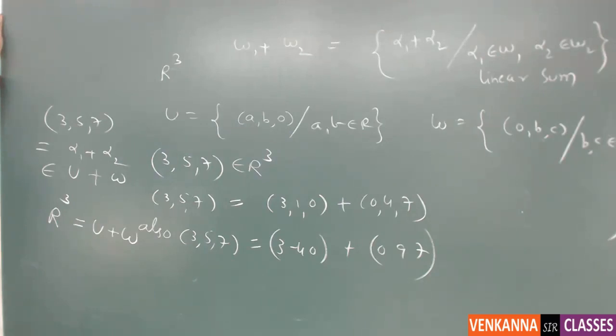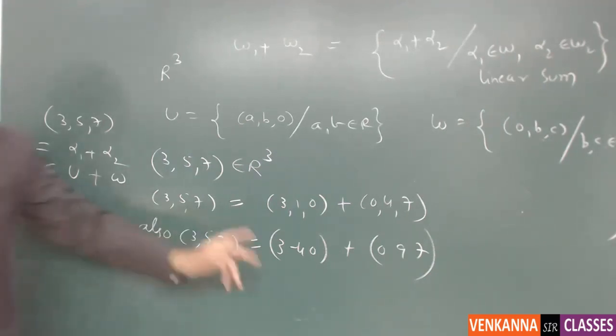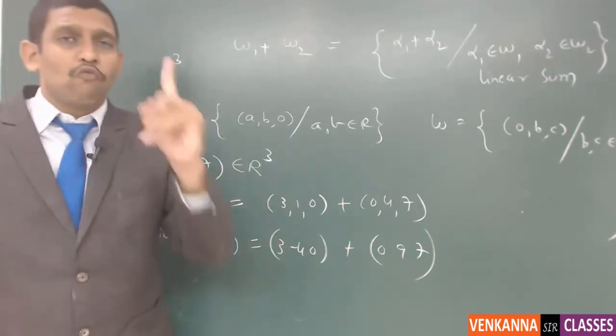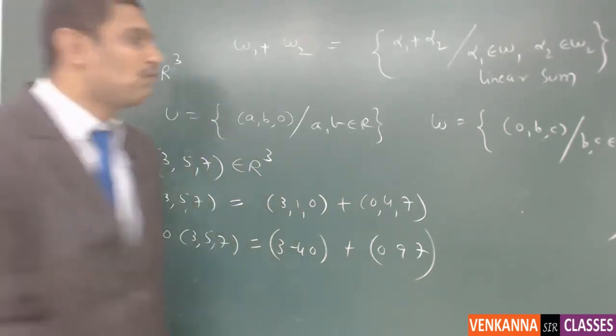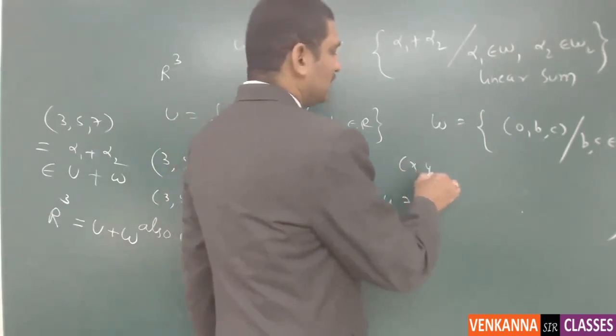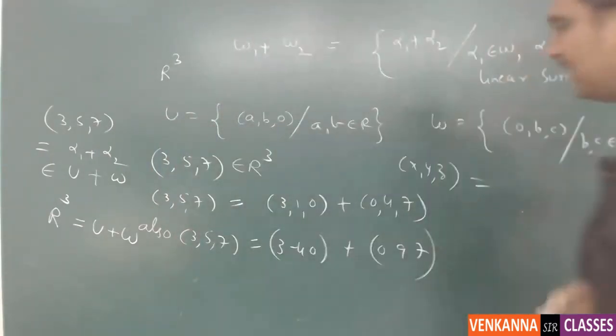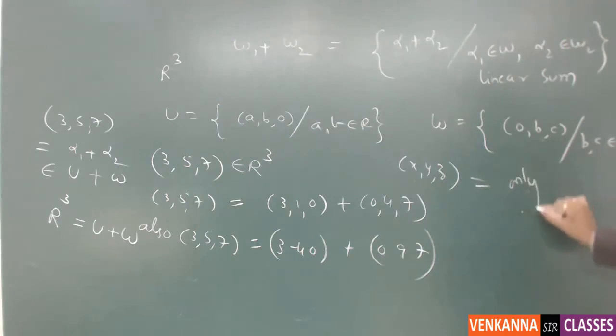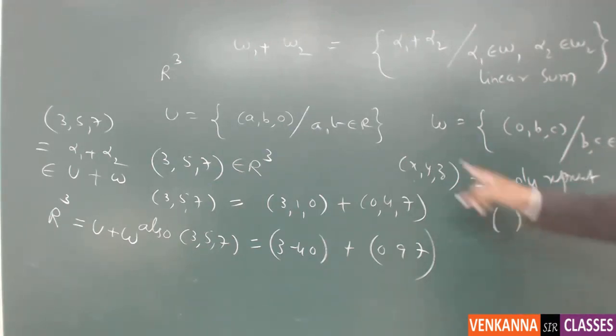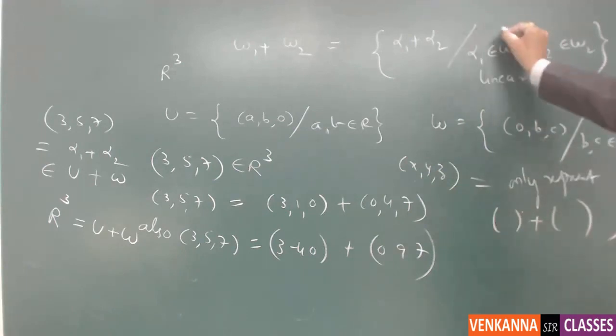So in such cases, this type of representation we call only a linear sum. However, if you have only one representation, whatever the vector you take, x, y, z, if it has only one representation as a sum of two values, in such cases we call it a direct sum.